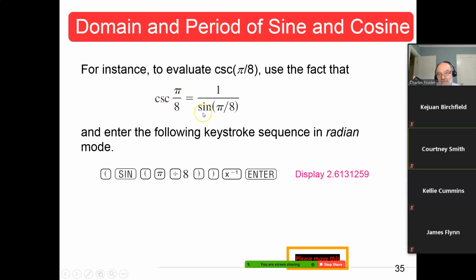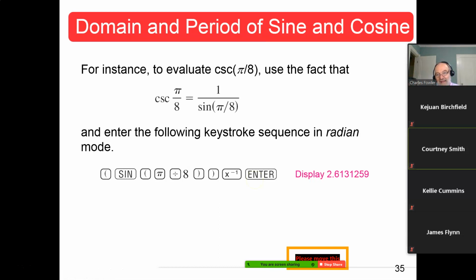So you do sine, and when you do sine, it opens up a parenthesis for you. Then you do pi divided by 8, close the parentheses, press equal. That gives you the sine of pi/8, then press the reciprocal key, and that will give you the answer. You don't usually even have to do an enter.